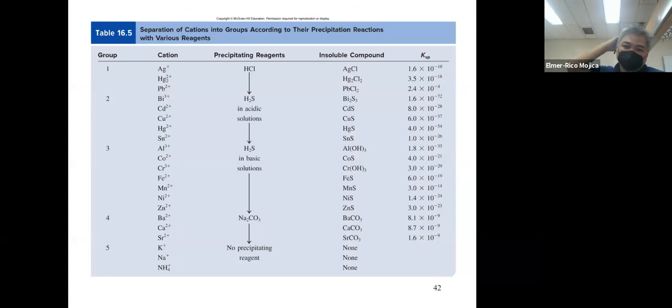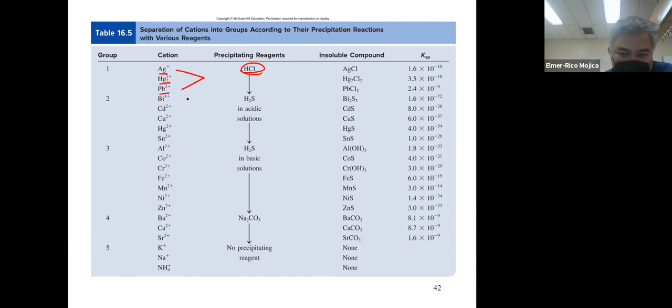And if you're going to apply what you have learned in terms of solubility and complexation, there is an experiment, I'm not sure if you do it in your 112, wherein you separate ions based on their precipitation reactions. So you have group 1, taking into consideration the solubility of chlorides, where silver, mercury, and lead are insoluble.